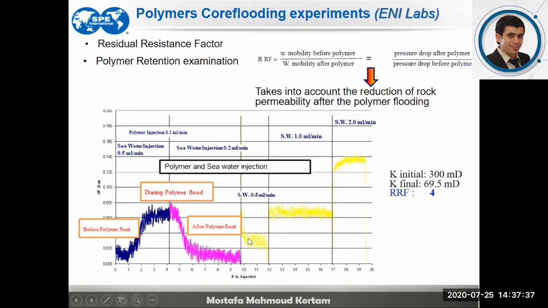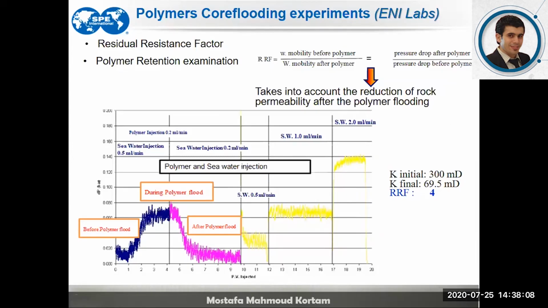The ratio between the pressure drop here over the pressure drop here represents the residual resistance factor. So the water mobility before the polymer over the water mobility after the polymer can be calculated directly by measuring the pressure drop of the water before and after injecting the polymer.